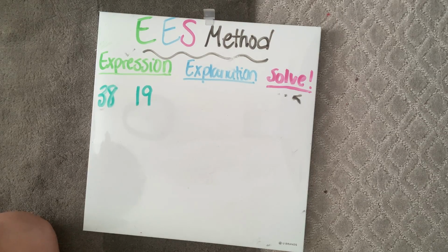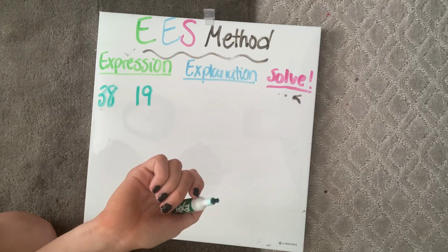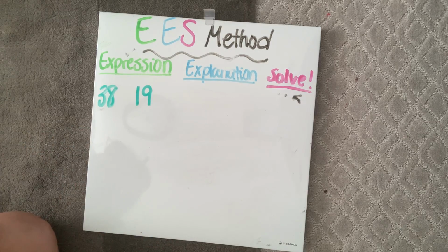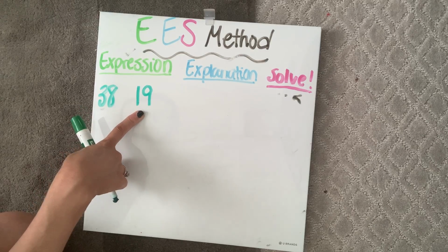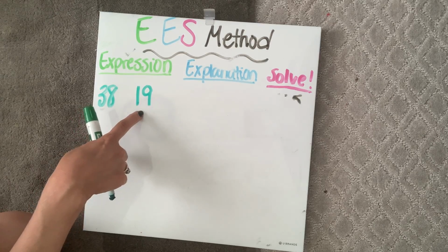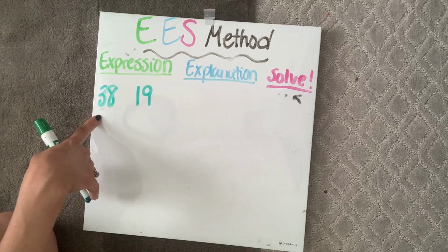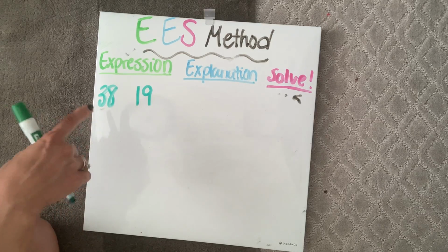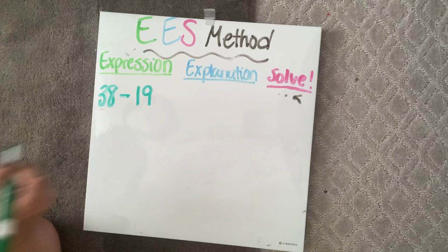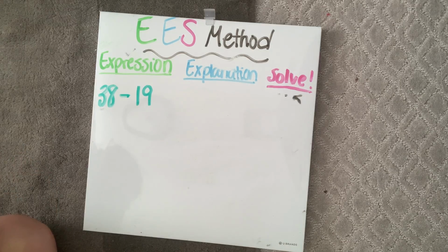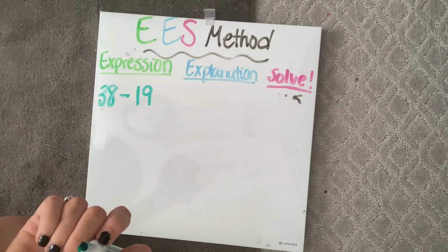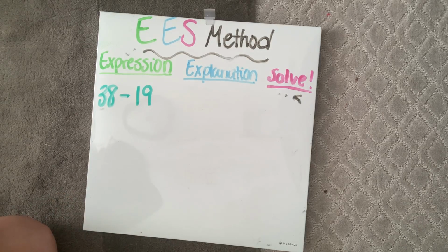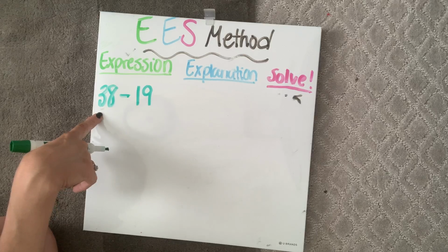Well, last time I said more I would add, right? But I want to know how many more Blake had than Tiara. So in order to do that, I would need to subtract Tiara's number of seashells from Blake's to figure out the difference between the two. So see how that's a little bit different? If it said, how many more did Tiara have, then we would have added. But we're trying to figure out how many more Blake had.